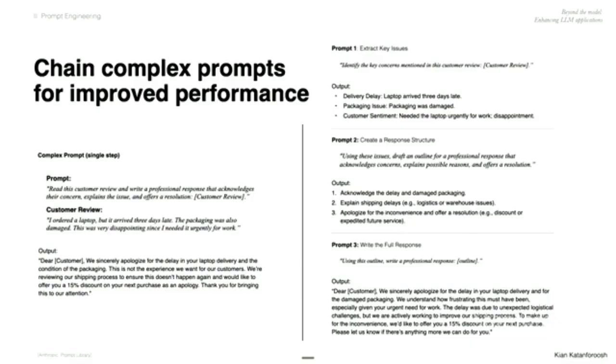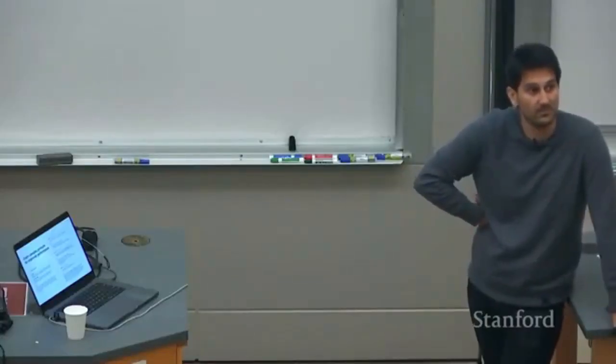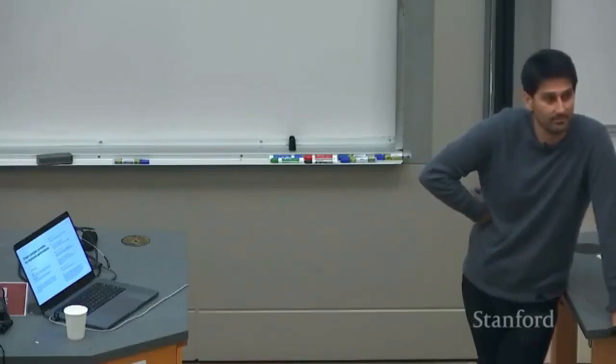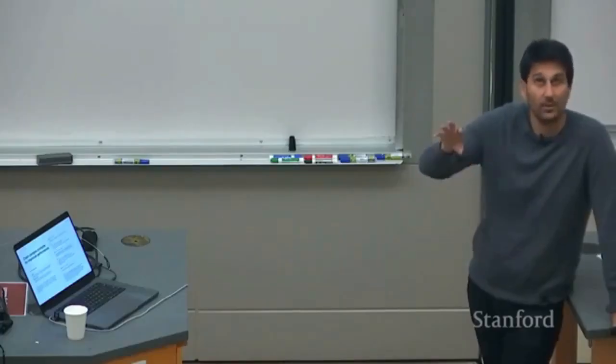Yes? So if we know that the three prompts independently work very well, and we combine them into one prompt and highlight that step-by-step thinking process, do we on average get the same quality output, or do we still have to do that breakdown? So let me try to rephrase.